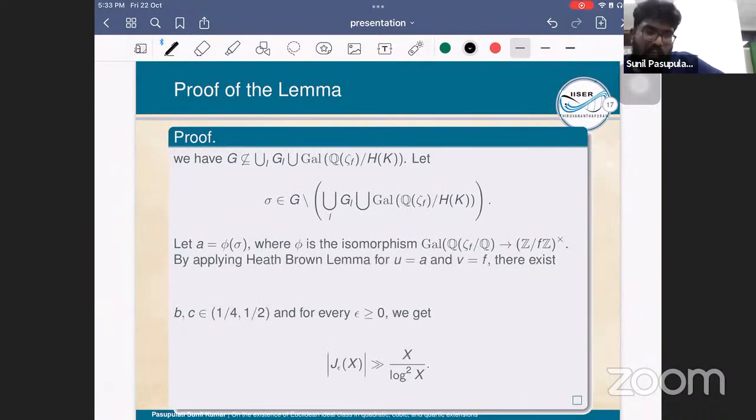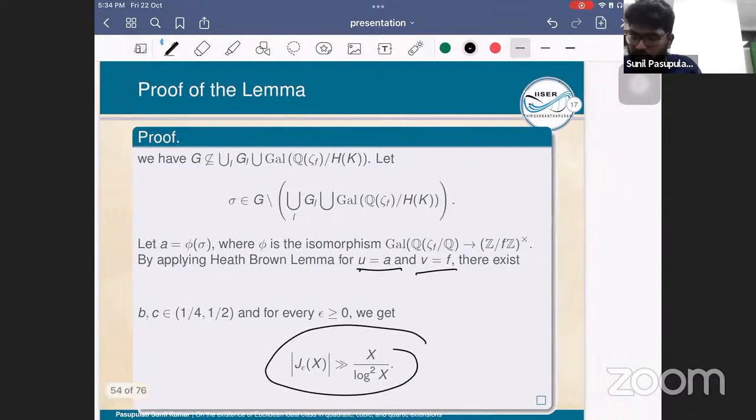The splitting in K and not splitting in H of K we can get completely by using the Artin symbol, which is easy, just some calculations. Now applying Heath-Brown's lemma for U equal to A and V equal to F, we can get that J epsilon of x is greater than or equal to x over (log x)^2.